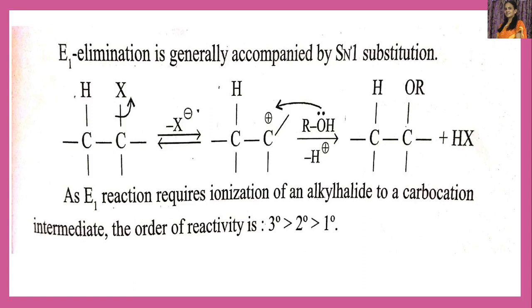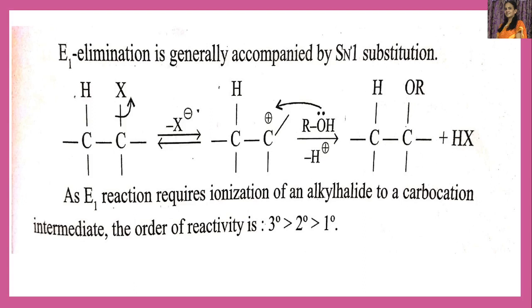E1 elimination is generally accompanied by SN1 substitution. SN1 is substitution nucleophilic unimolecular reaction. So what is happening here? In the first step, which is the rate determining step, the alkyl halide loses X minus, that is the halide ion, to form a carbocation.